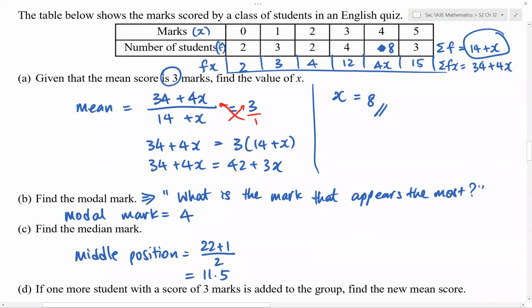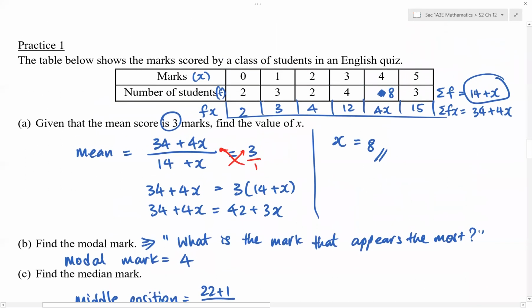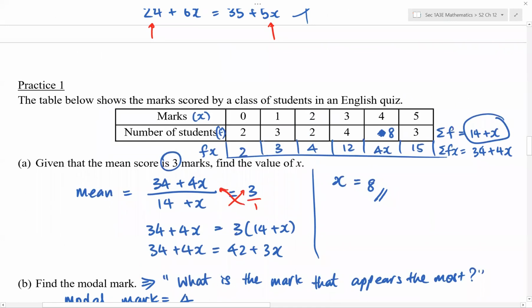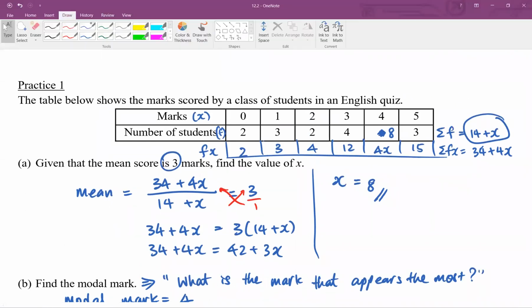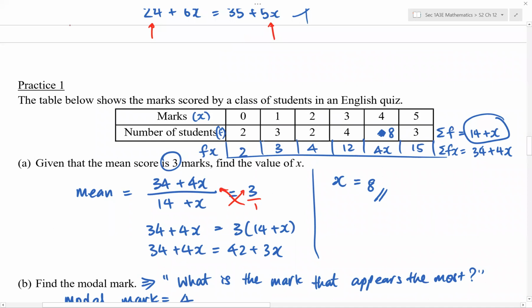We have the middle position as 11.5, implying that we have to look at position number 11 as well as position number 12. What are their values? So where is our position number 11? Let's go through this again. We've got 2 students who get 0.